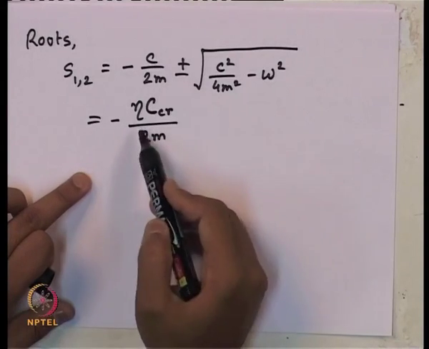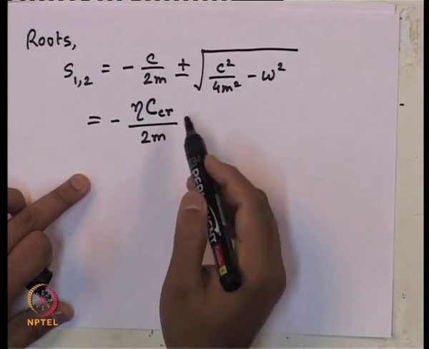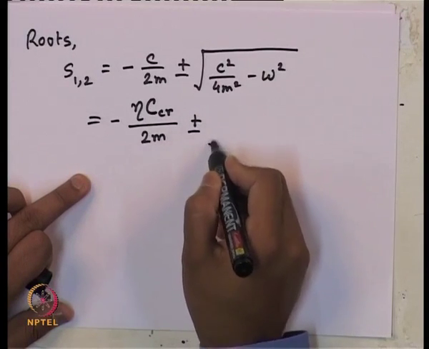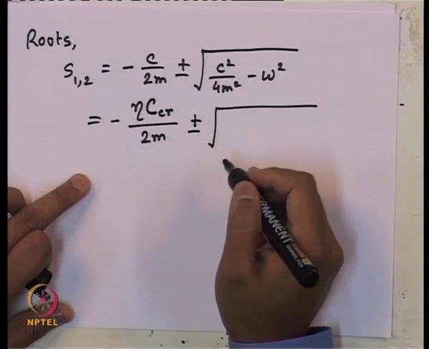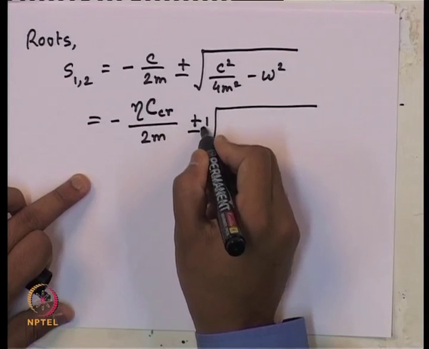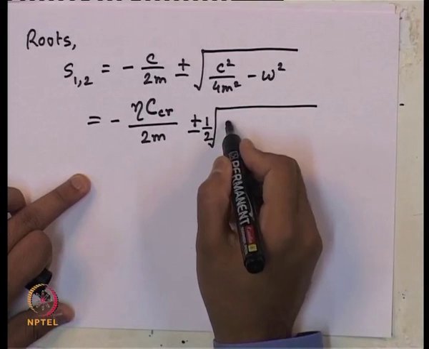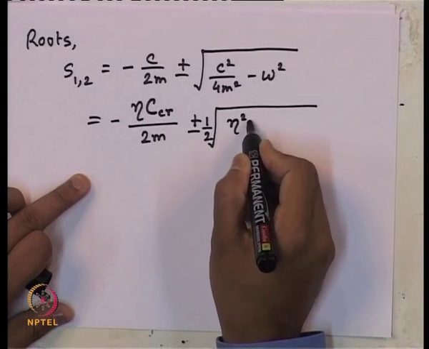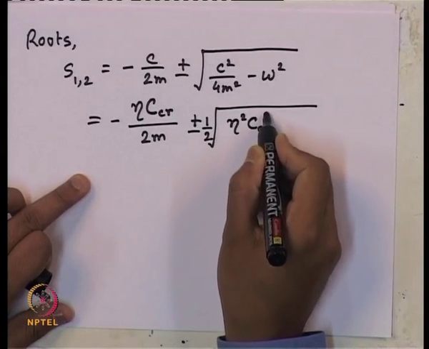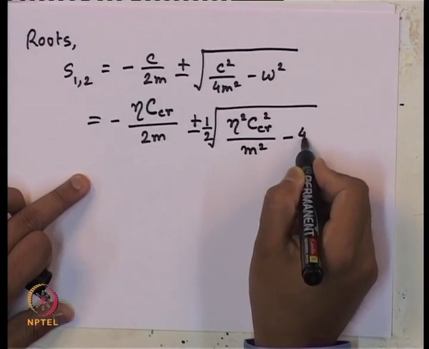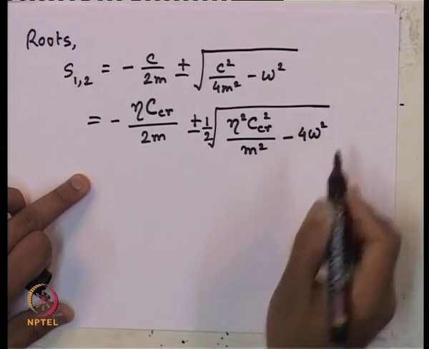So, we can write c as eta times C_CR, plus minus, let us take half outside the root, root over eta square C_CR square by m square minus 4 omega square.